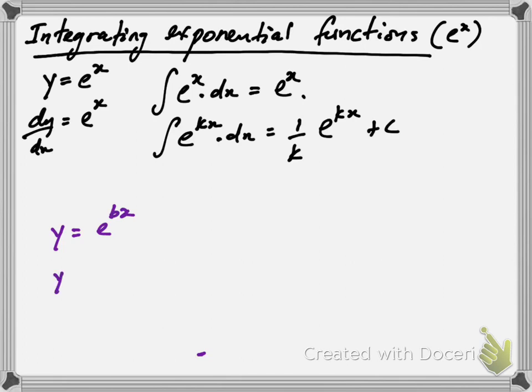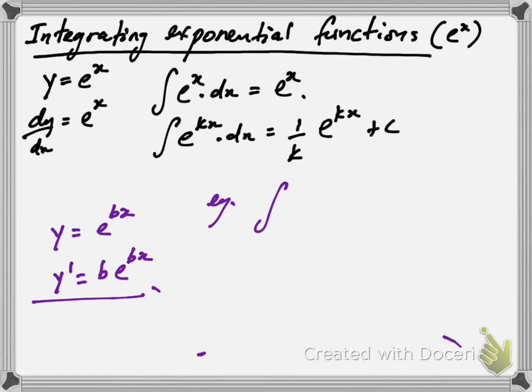You go dy over dx equals e to the power bx, and then you differentiate the bx, which will give you b, and you multiply with e to the power bx. So b e to the power bx, and that's your answer. So if I was to go in reverse, then it'll be 1 over b, and that's why it's 1 over k when you integrate. So if you integrate e to the power x, let's do an example.